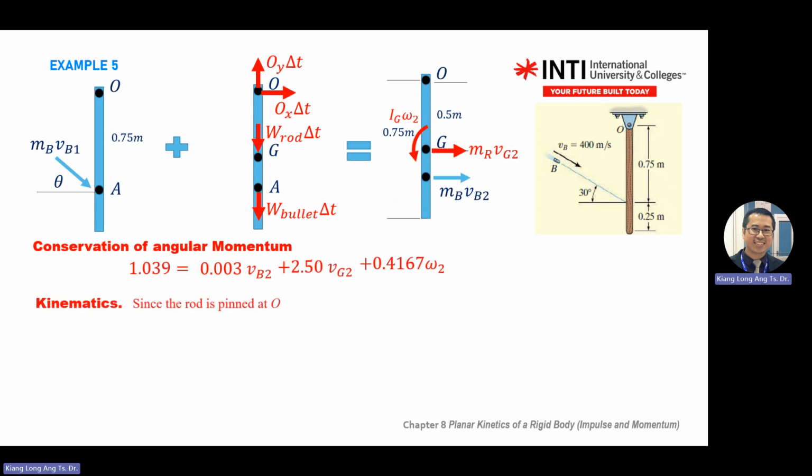Then you further simplify. Then you use kinematics, since the rod is pinned at O. Then you can find the omega by using vg2 equal to omega r. You can simplify. vg2 equals omega 2 r, but they share the same omega 2. Yeah, vg2 and vb2 share the same value of omega 2. You substitute back, you find omega 2. Once you find omega 2, substitute back here, find your vg2, find your vb2.